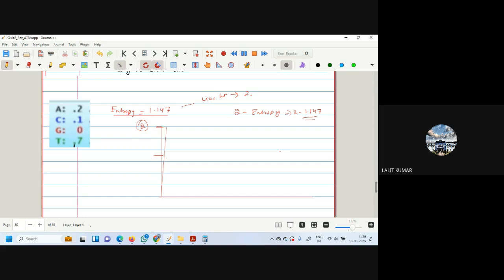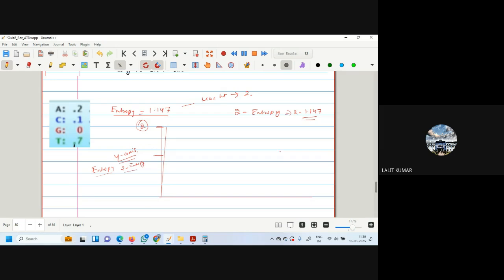And why I am explaining this in detail: be careful what they are asking on the y-axis. If they ask you for entropy on the y-axis, then the height will be 1.147. If they ask you for the standard logo, and they have not given anything else, then it will become 2 minus entropy.